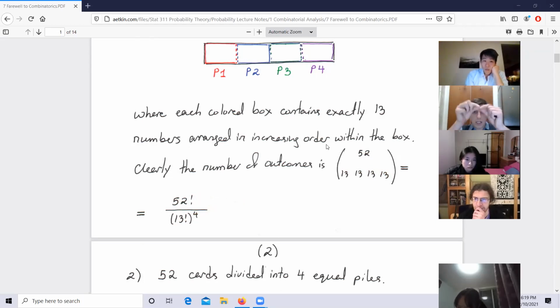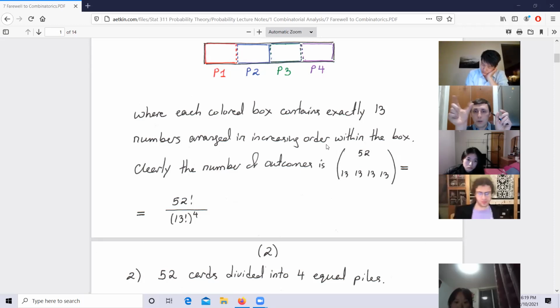You can imagine arranging all the knights, all the cards, in a sequence from 1st to 52nd. Then those that fall into the player 1 tray can be permuted among themselves. There are 13 factorial permutations there.